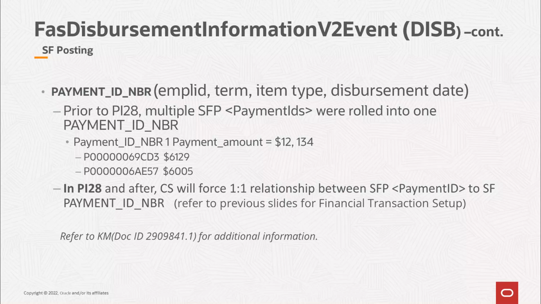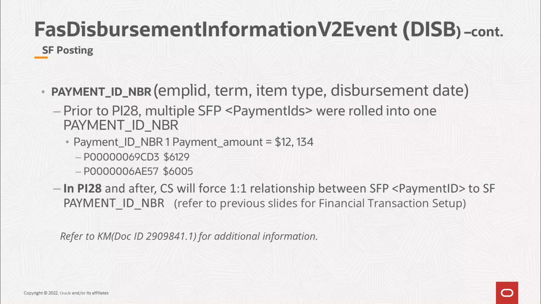In this example, SFP had two disbursements for a student with one term and the same fund code and disbursement date, and the two disbursements totaled $12,134. In CS, SF Posting combined the disbursements into Payment ID number 1. From customer feedback, this was creating reconciliation problems, so in November 2022, CS posted a critical patch that is included in PUM Image 28.